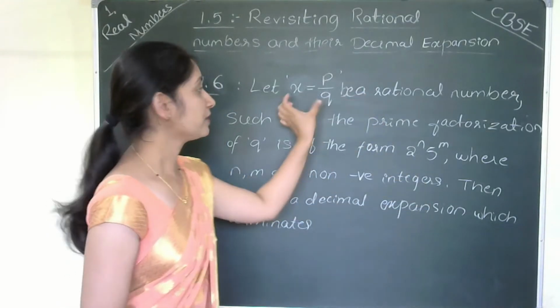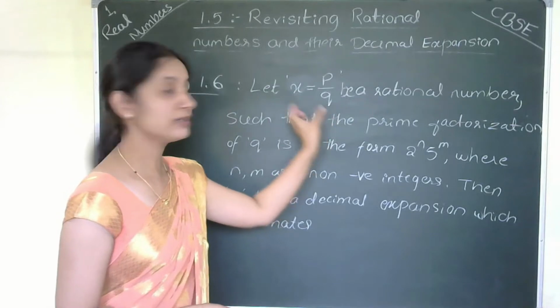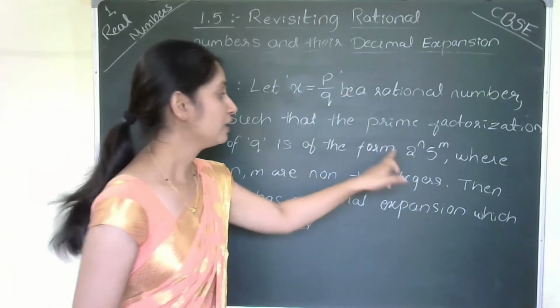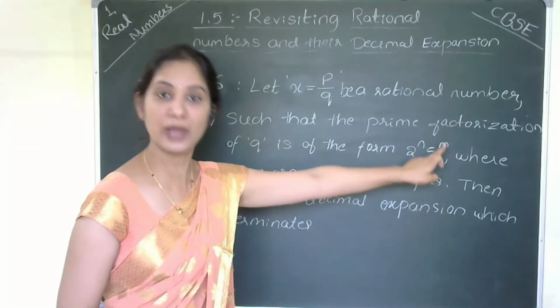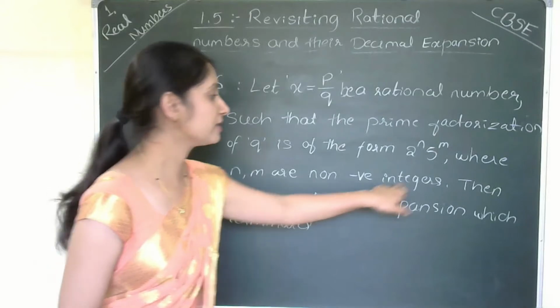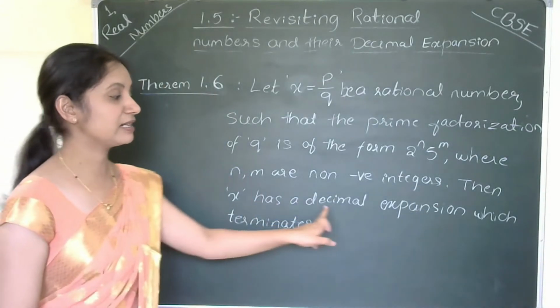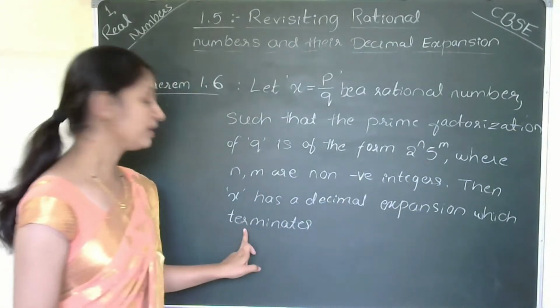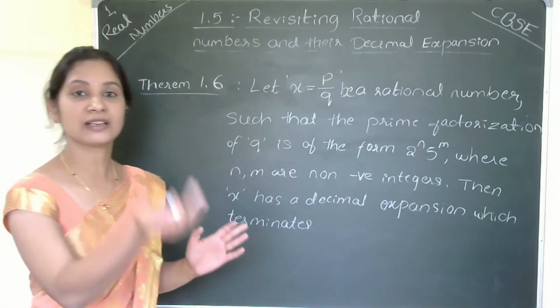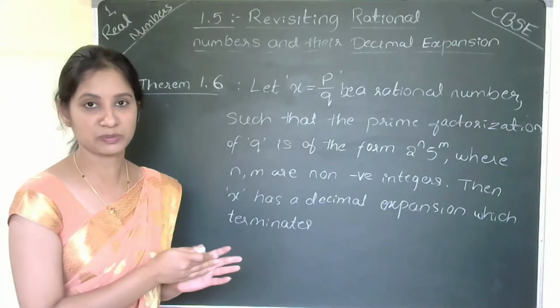That means first what we do is convert that fraction into the form of something by 2 raised to n, 5 raised to m, where n and m are non-negative integers, then x has a decimal expansion which terminates. So then we can convert that into a decimal expansion.